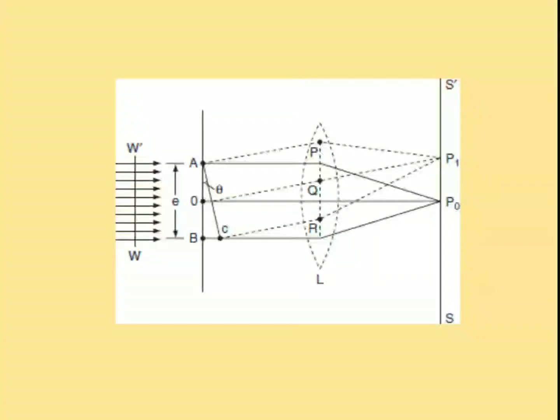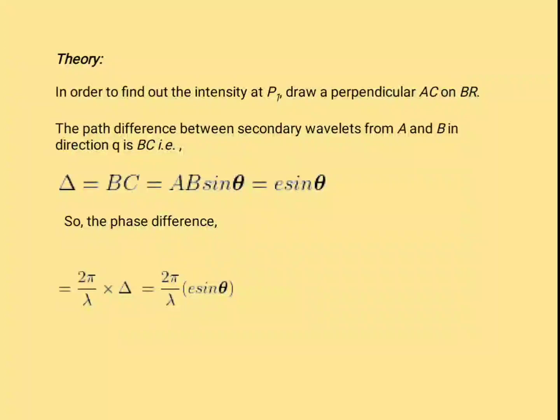When you observe the diagram, the path difference between AP1 and BP1 is BC. Here the perpendicular AC is drawn, the right angle is at C, and the angle is theta. Then from the triangle ABC, BC is the path difference and it is indicated by the letter delta.